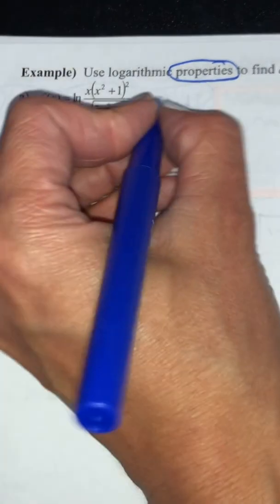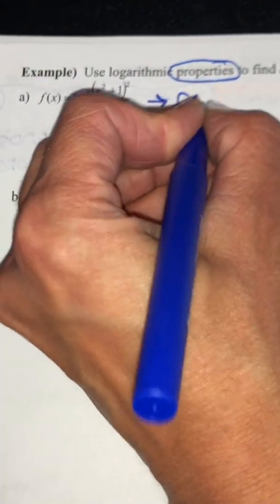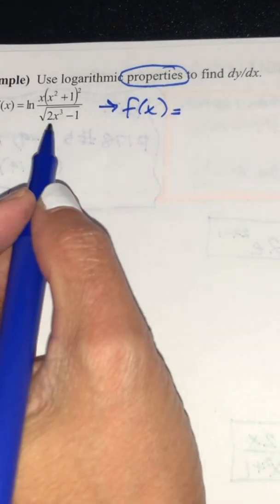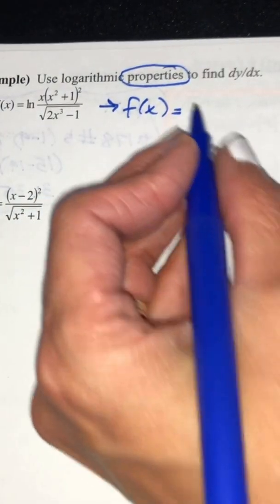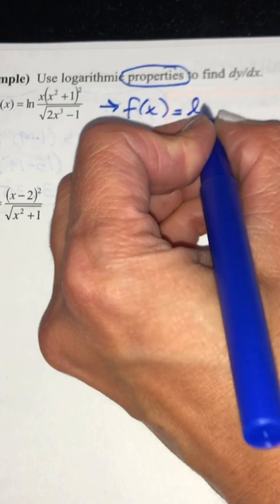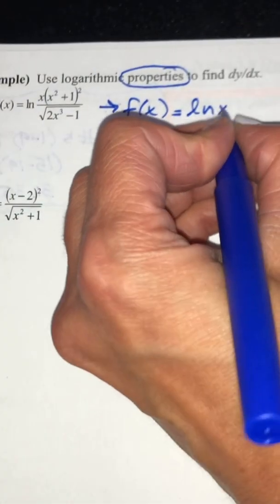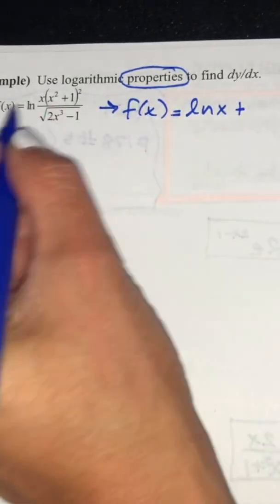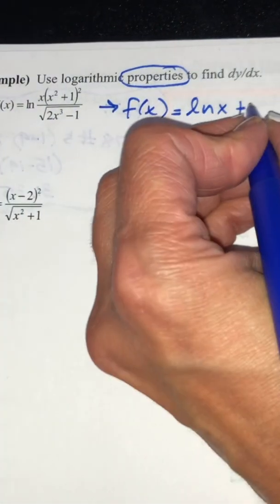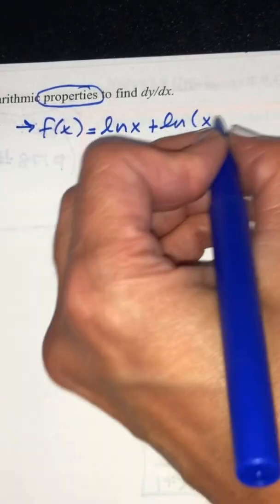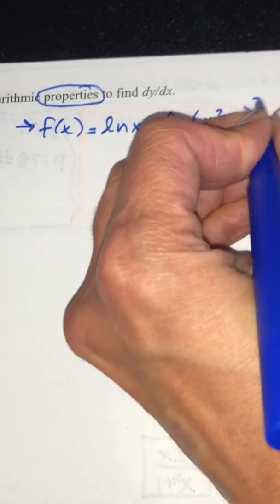So let's rewrite f of x. f of x equals the natural log of x plus, because they're being multiplied together, the natural log of x squared plus 1, quantity squared.